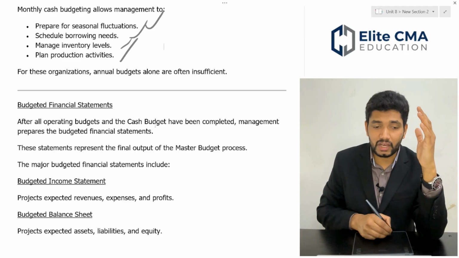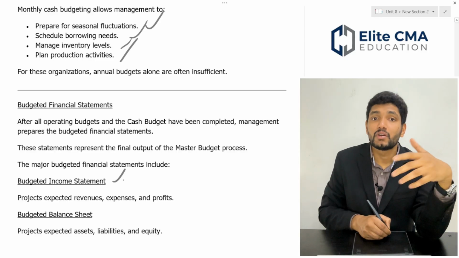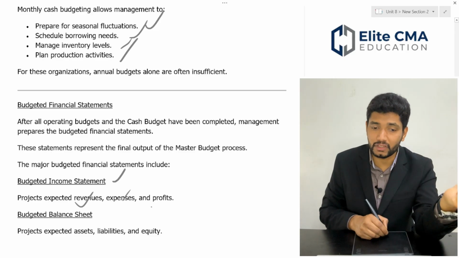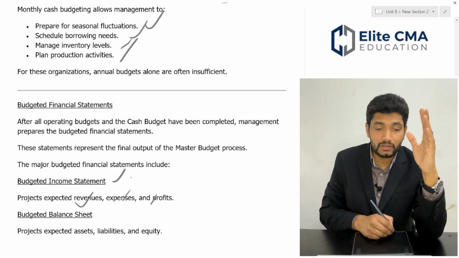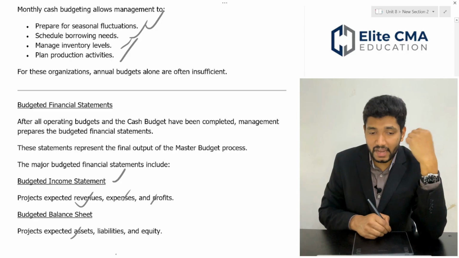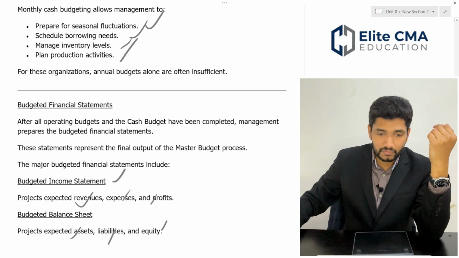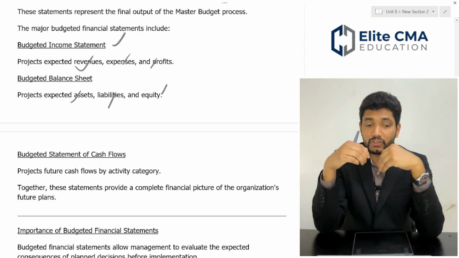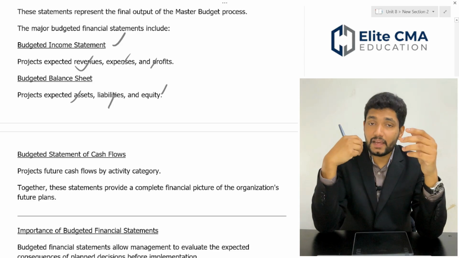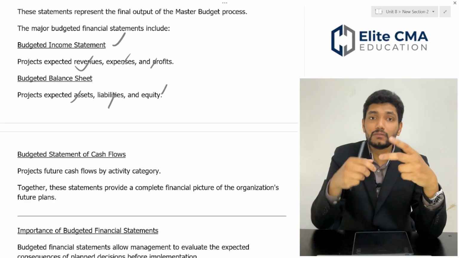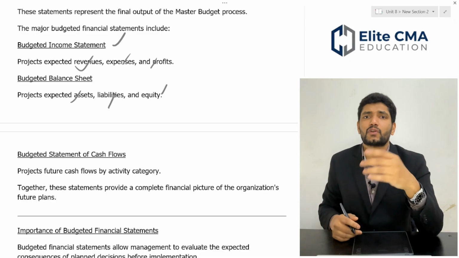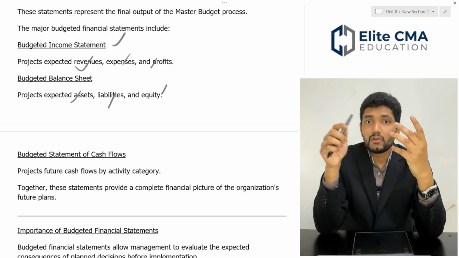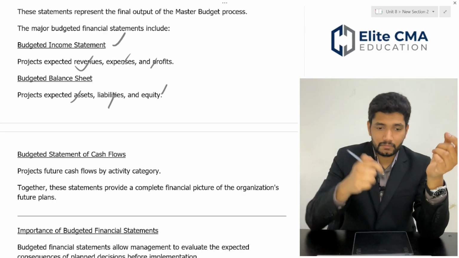So the major budgets are the budgeted income statement, which includes projected revenues, expenses and profit. Then the budgeted balance sheet, which includes expected assets, liabilities and equity. Again, the budgeted statement of cash flow, which is based on the expected cash inflow and cash outflow and classifies the activities into operating, investing and financing.